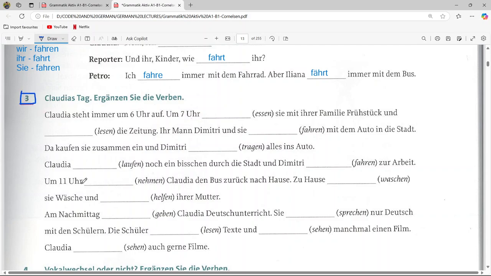So this is a paragraph and we have some verbs like essen, fahren, lesen, tragen. Essen means to eat, lesen means to read, fahren means to travel or to ride.